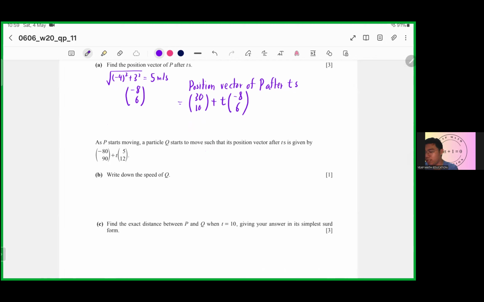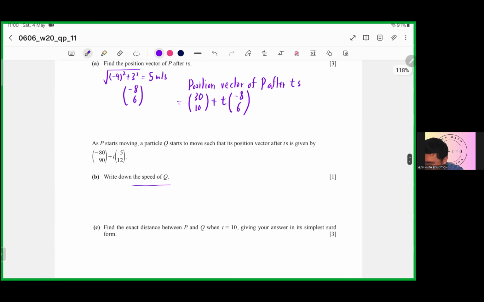Okay, now we look at the next part. As P starts moving, a particle Q will start to move such that its position vector after T is given by bracket -18, 19 plus T bracket 5, 12. Write down the speed of Q. Because the speed is not shown as a velocity vector, we can find for this.